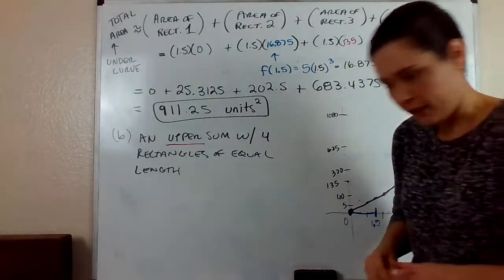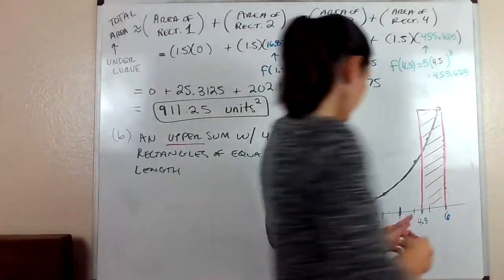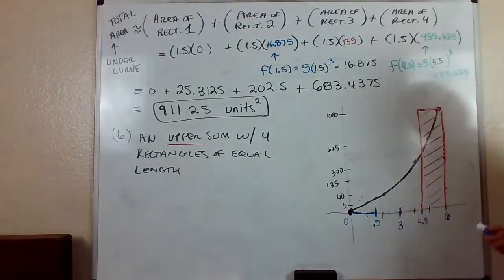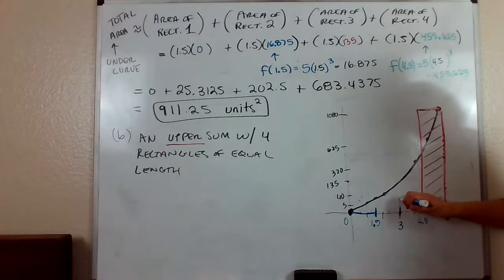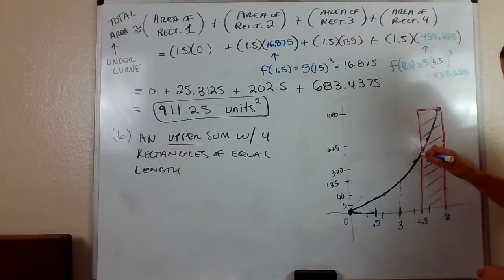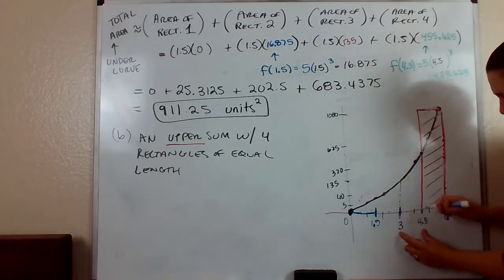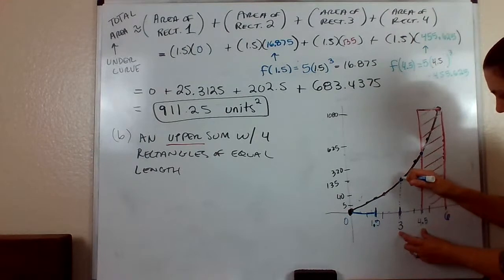That one's done. Okay, let's repeat the process for the next subinterval. We'll move over. So between 3 and 4.5, if I go up here to the curve, notice where I hit the curve. I hit it here in this interval, in between 3 and 4.5, and here. I would hit in these 2 points.